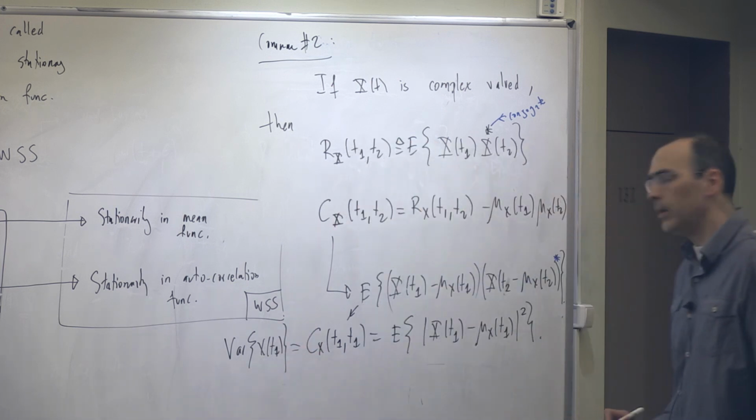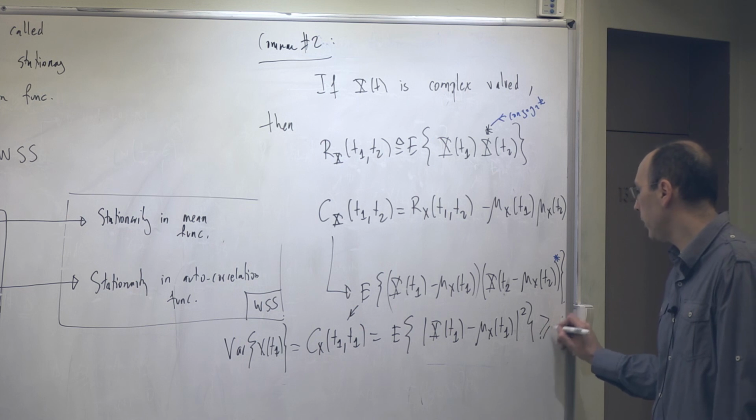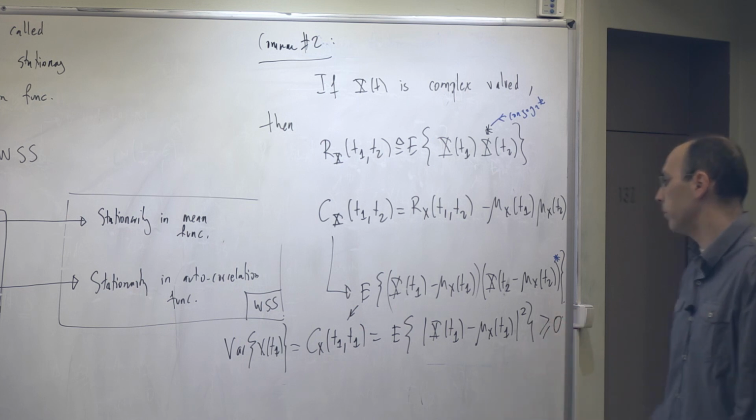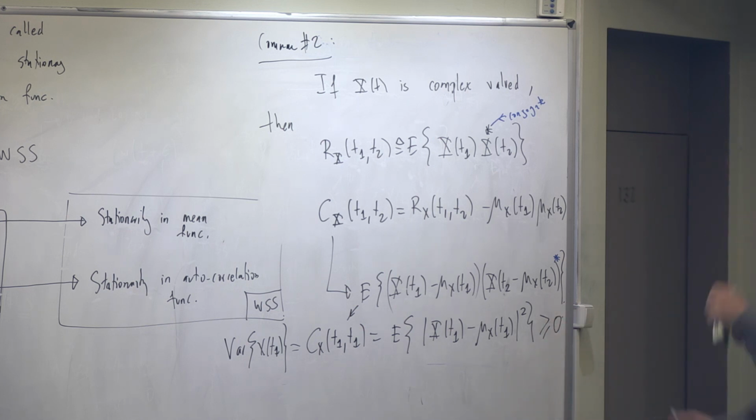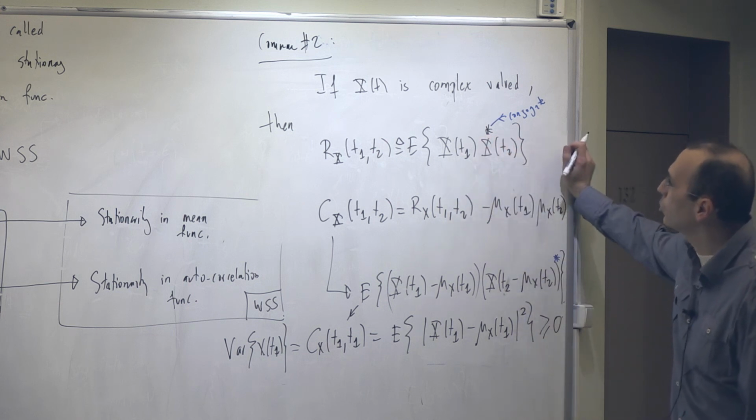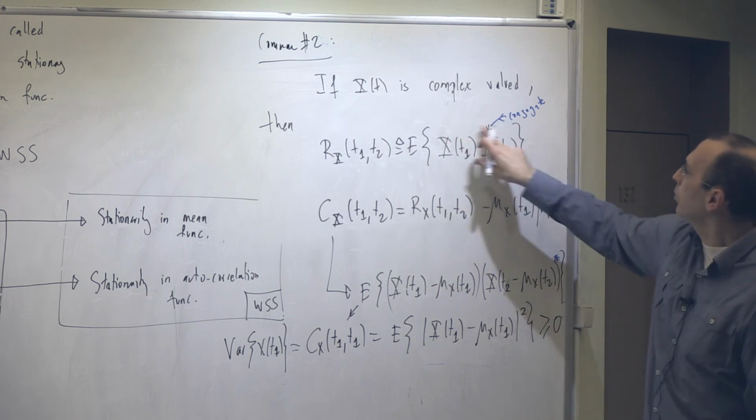And for many reasons, we want this variance to be a real number. That is the reason. We have to put these conjugates somewhere, either this one or that one.